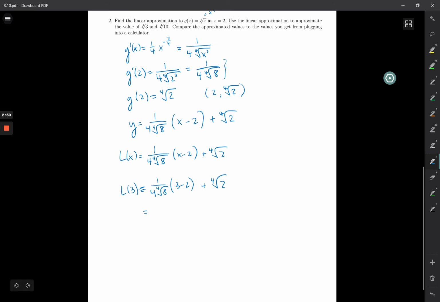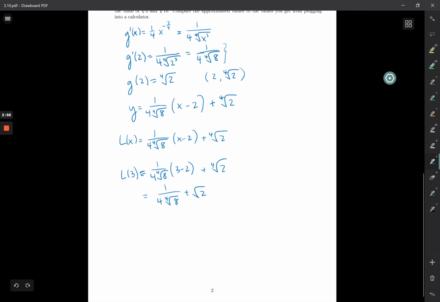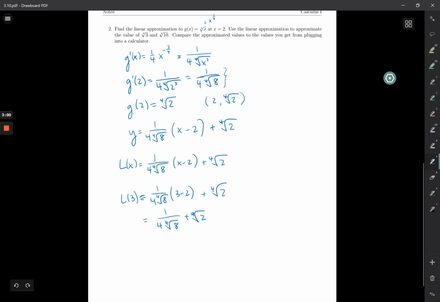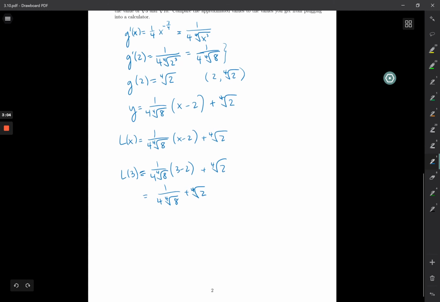So I'll just rewrite this step. Okay, and then we will leave it in this form, and we'll come back and actually give the approximate value. But first, let's plug in 10 as well.